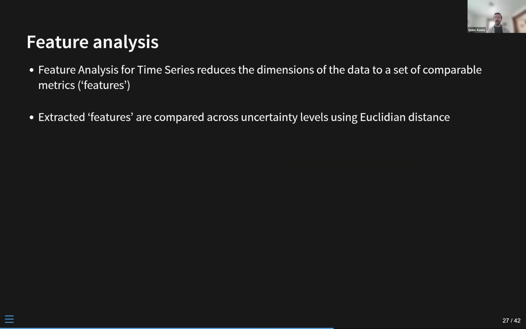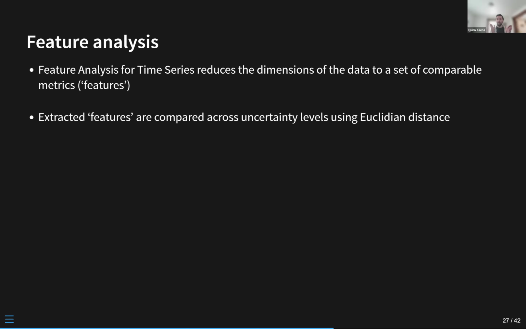The idea is now from each of those columns, we need to extract some sort of distance metric to make them comparable. To do this, we use feature analyses of time series, which is a dimension reduction method that reduces that Fisher information time series, or the PRC series, into a set of metrics that describe that series.